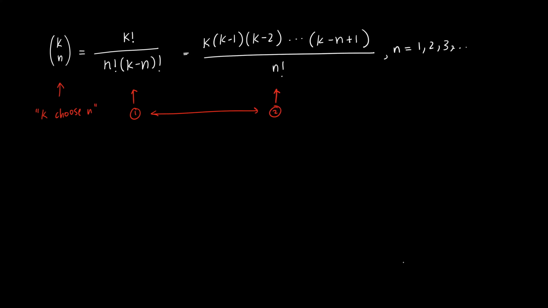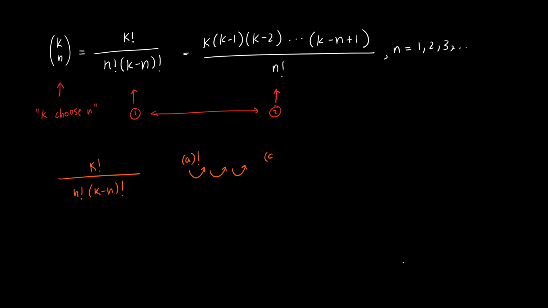So let's take a look. The first form says it's k factorial divided by n factorial times k minus n factorial. So what do we know about factorials? Well, if we have, let's say in general, a factorial, we're just going to keep multiplying successive terms that have a difference of 1 from each other.